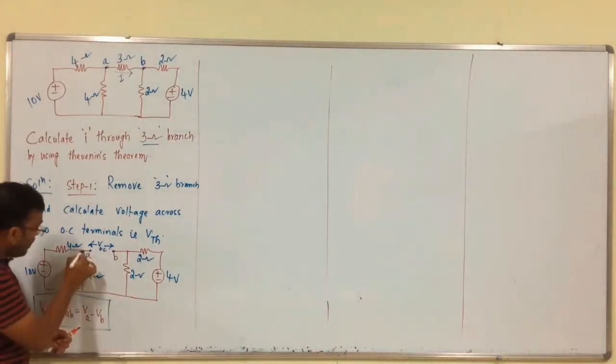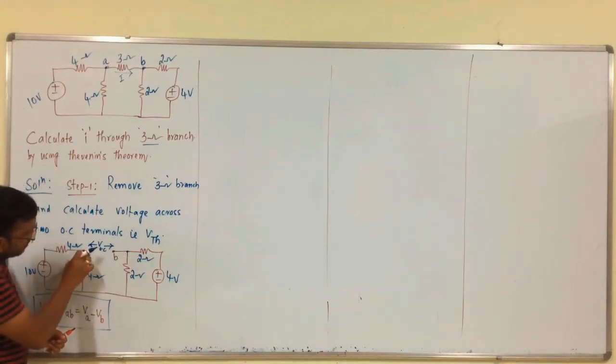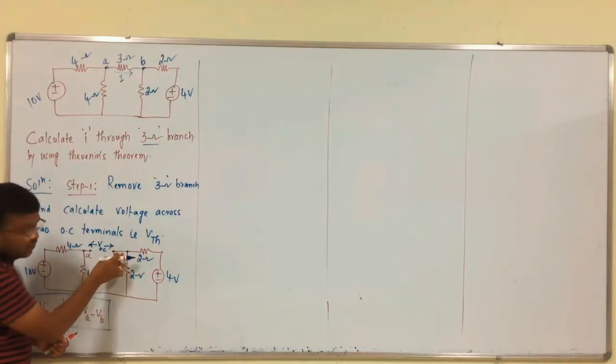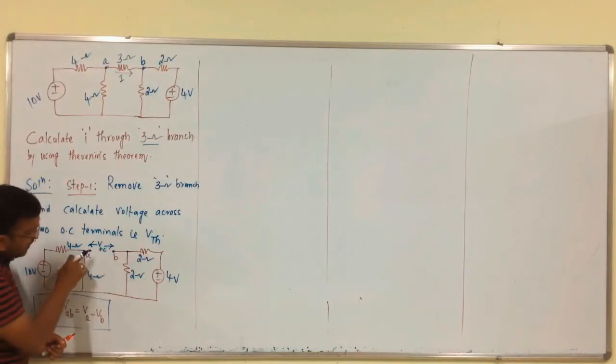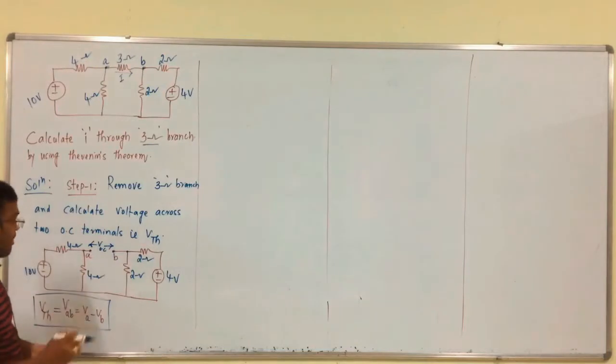This is node A, this is node B, because there is no voltage drop between these two. So, we have to calculate VA and VB. I am going to use nodal analysis.